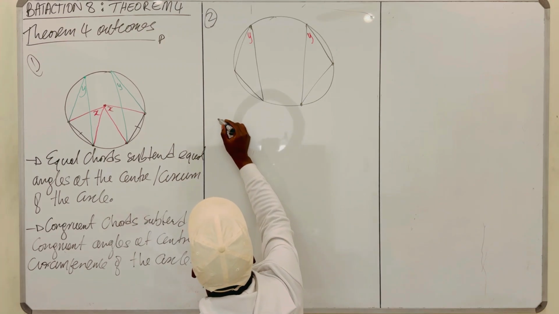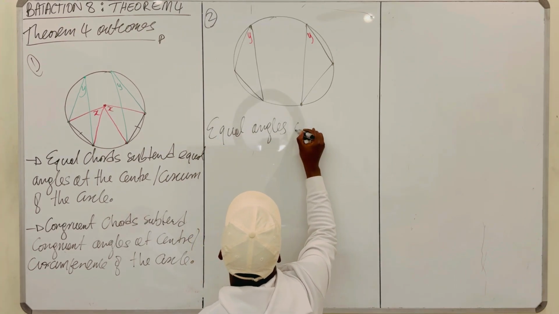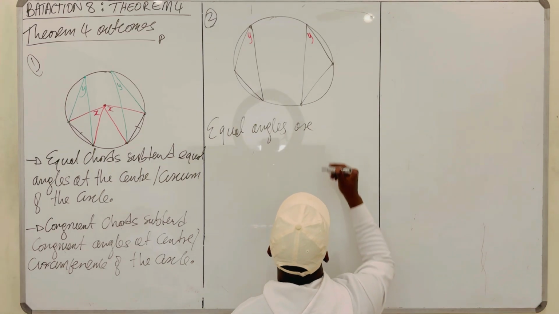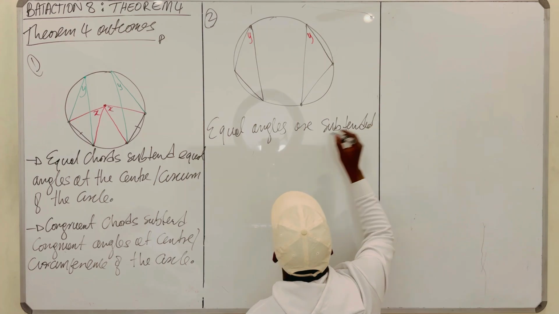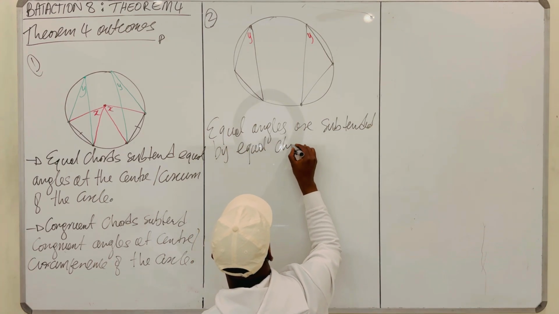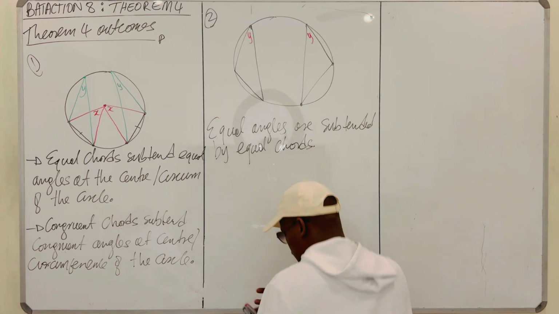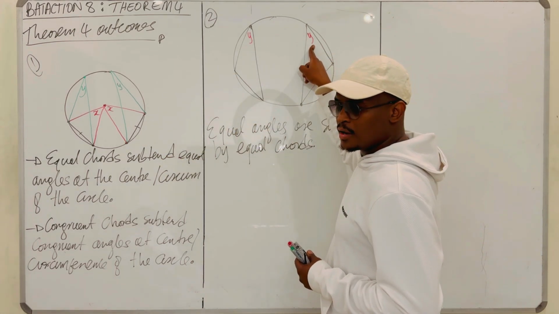So I'll say now, equal angles are subtended by equal chords. Because if you think about it the same way we thought about this, we're saying these two angles are equal.